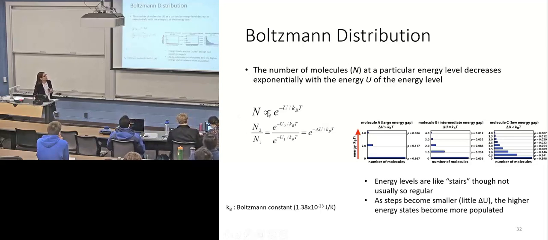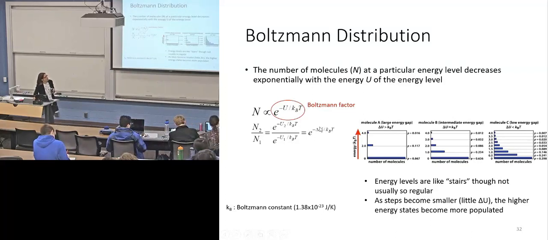The number of molecules in a given state is related to the energy of that state by this definition here. You can look at this top term. This is the Boltzmann factor. EXP is written as e to the, and this whole term is on the bottom, remember. If I want to look at the ratio of molecules in the second level versus the first, I can divide these two things, and I'll be able to simplify this to the difference in energy between the two.